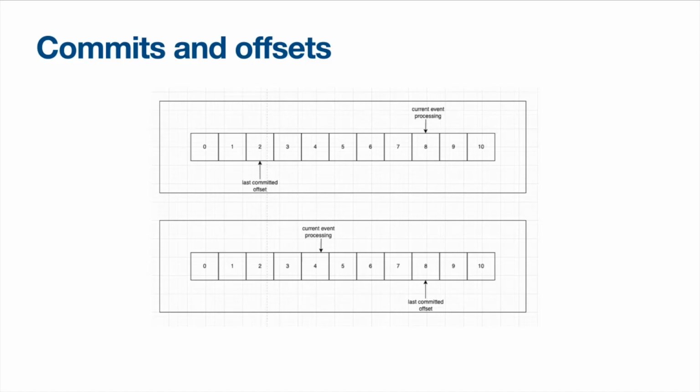But if you have a sensitive application, then you might have to write your own specific commit logic. If you're interested in learning more about committing your own offsets, you could check out the commitSync and commitAsync APIs, where you can directly commit your offsets in your Kafka topics.